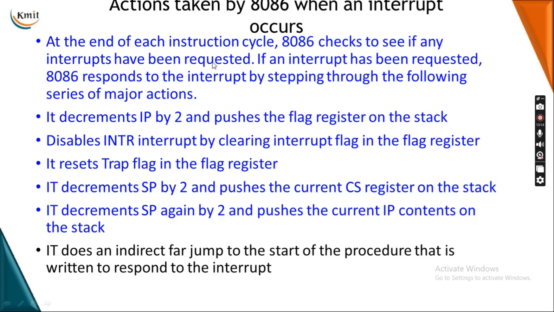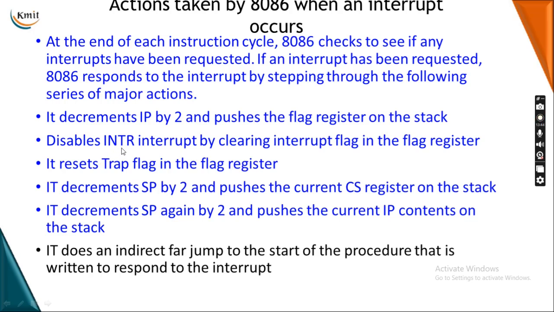What actions does the 8086 take when an interrupt occurs? At the end of each instruction cycle, the 8086 checks to see if any interrupts have been requested. If one has been requested, it responds by stepping through the following major actions, like we have seen with the stack. It decrements SP by 2 and pushes the flag register onto the stack.